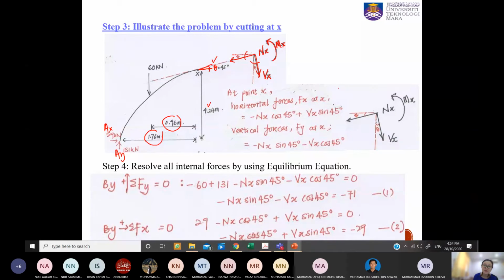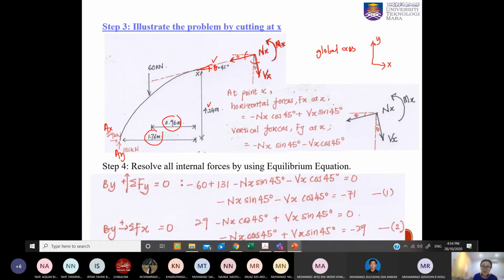But now we want to solve this equilibrium equation in the global axis, which I already mentioned in my previous class, x and y. Everything shall be resolved in this direction, x horizontally and y vertically. Therefore, this nx and vx, which do not happen to be here, you need to resolve to this direction.